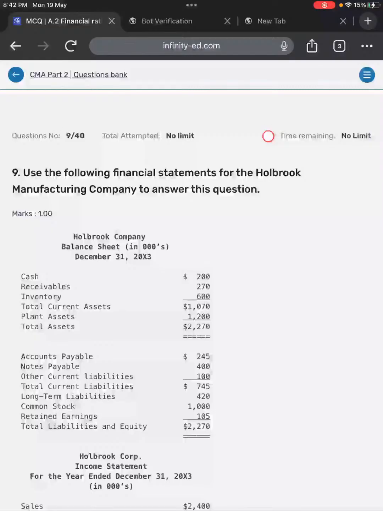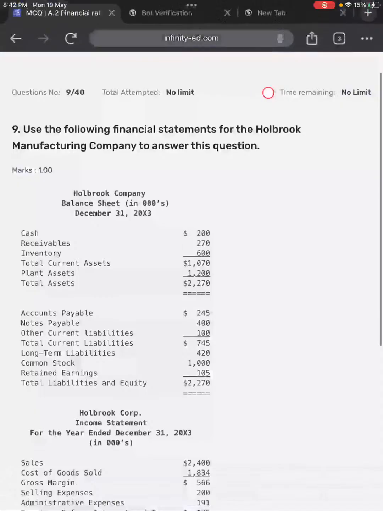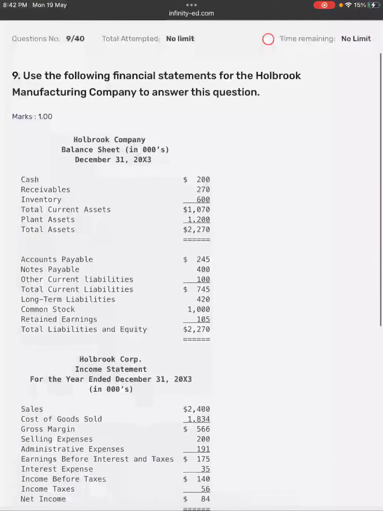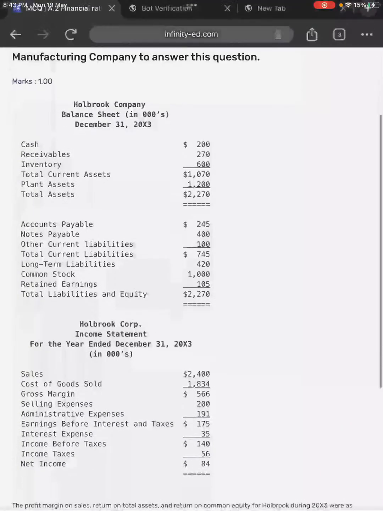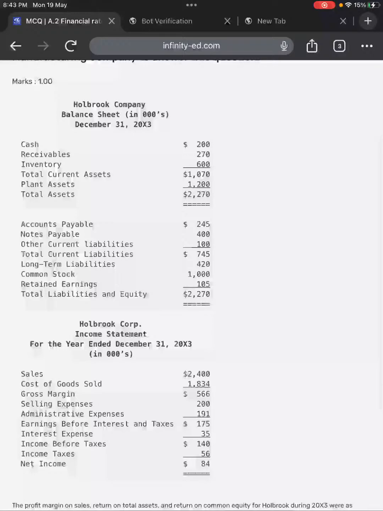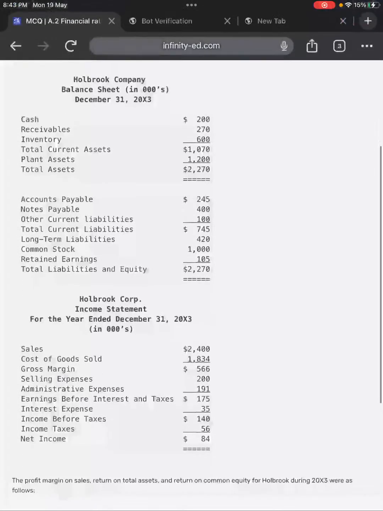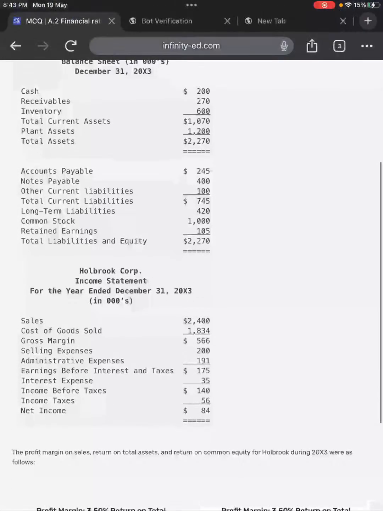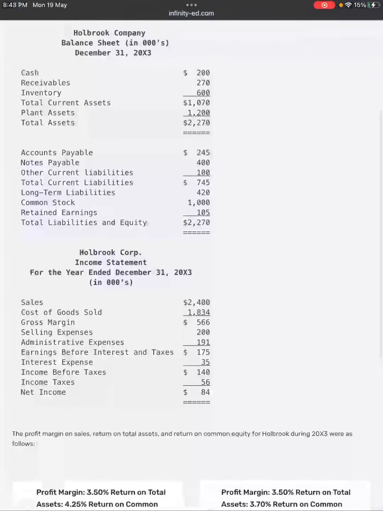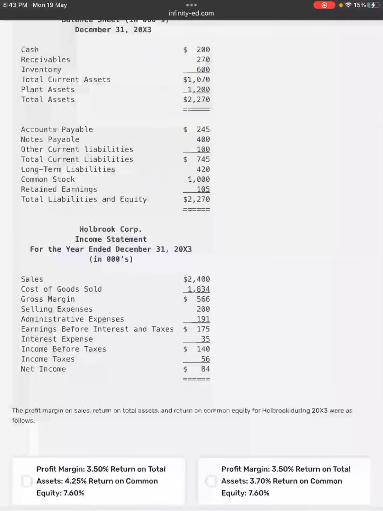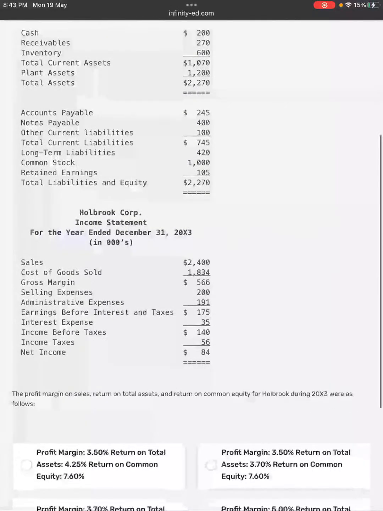Let's make use of the following financial statement. There is a financial statement given, and cash, receivables, inventory, total current assets, plant assets, and total assets are given. Accounts payable, notes payable, other current liabilities, current liabilities total, long term liability, common stock, retained earnings, and total liabilities and equity are also given.